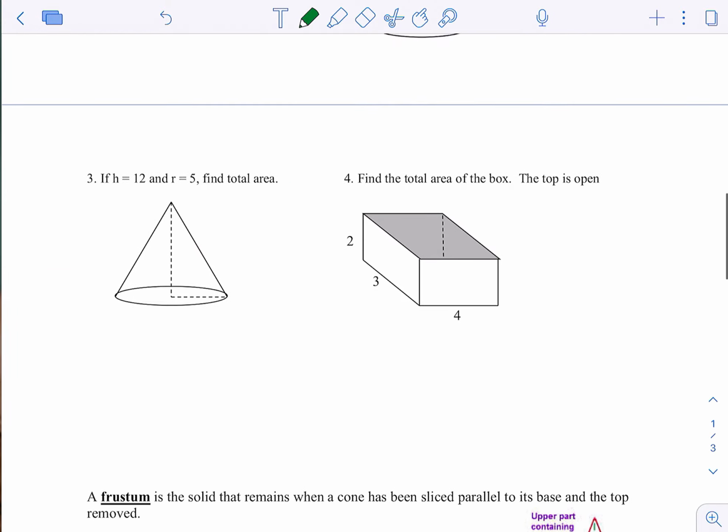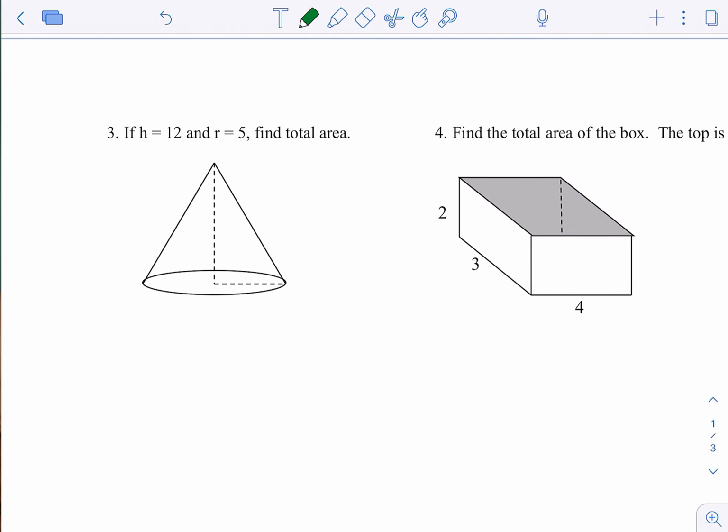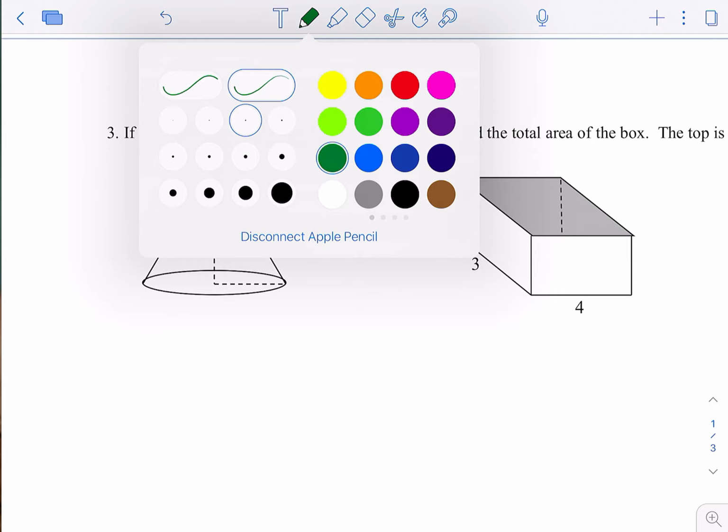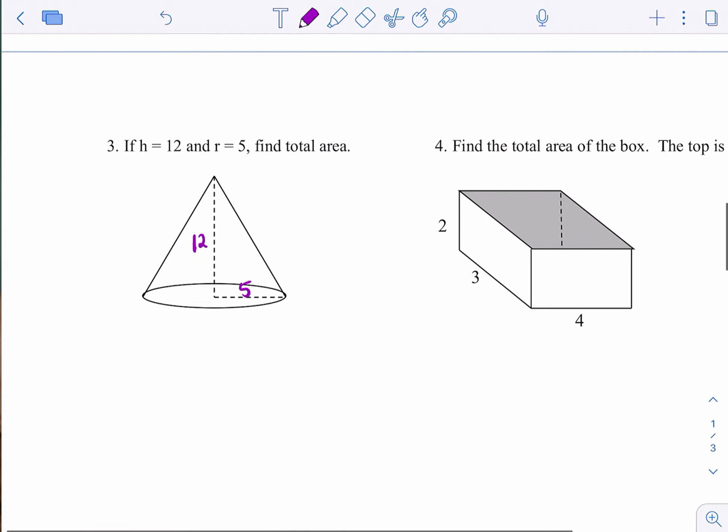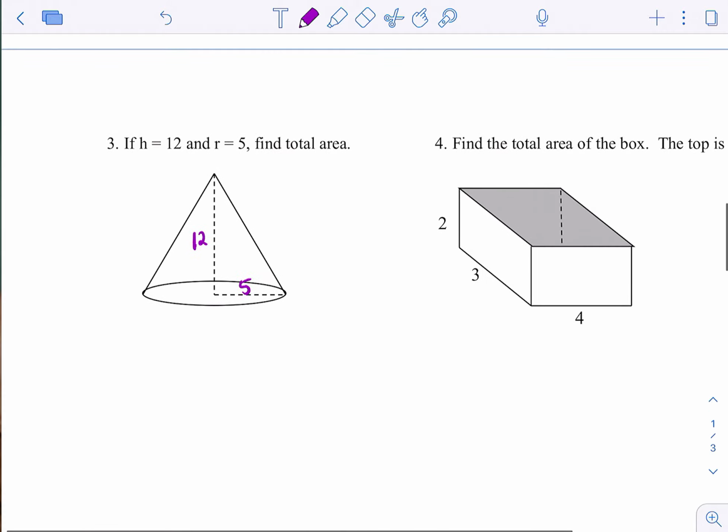All right, let's look at number 3. So number 3, we have a right cone. We have a cone, and it has a height of 12 and a radius of 5. For the cone, make sure you go back and reference these formulas, but our total surface area is pi r L, so pi times r times the slant height, plus pi r squared.